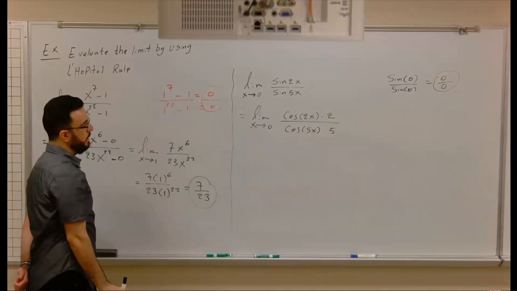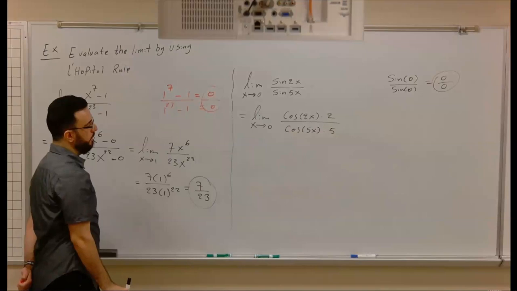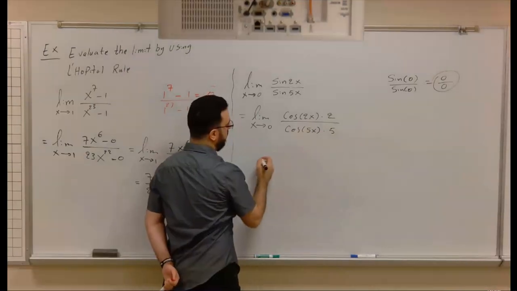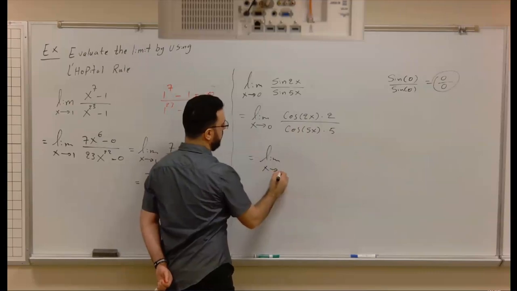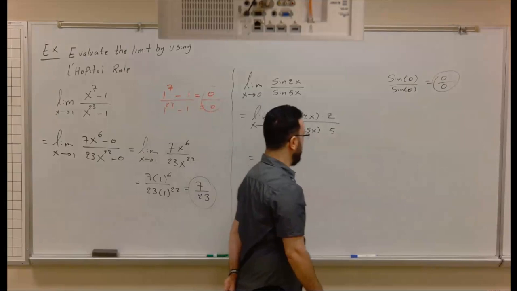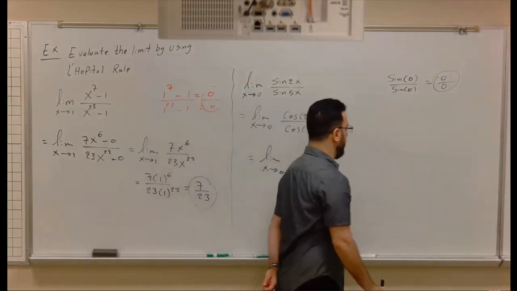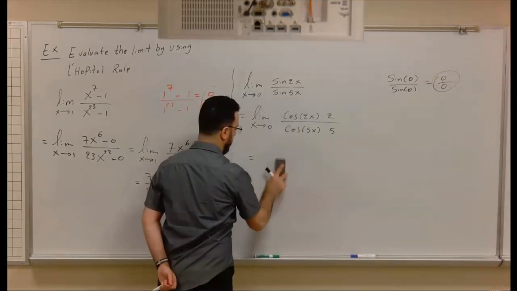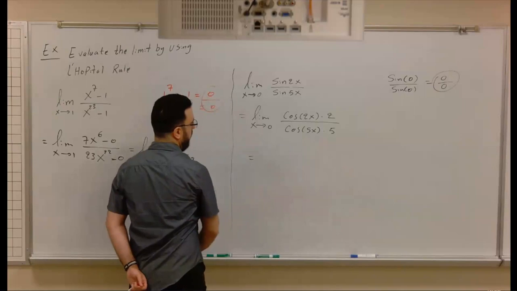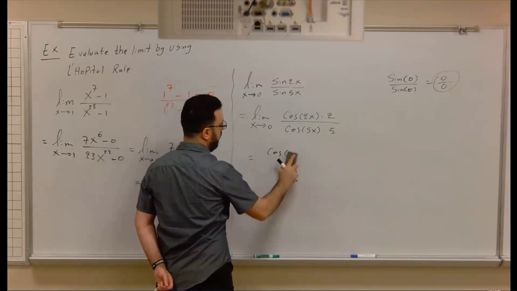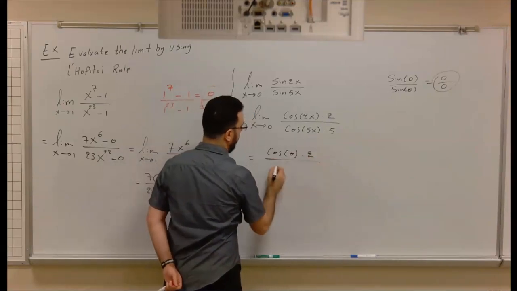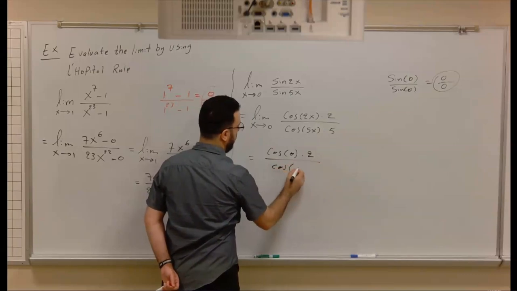Now it's going to be different. If you try to find the limit, plug in 0 here. I'm not going to write down the limit anymore. It's going to be cosine 0 times 2 over cosine 0 times 5.